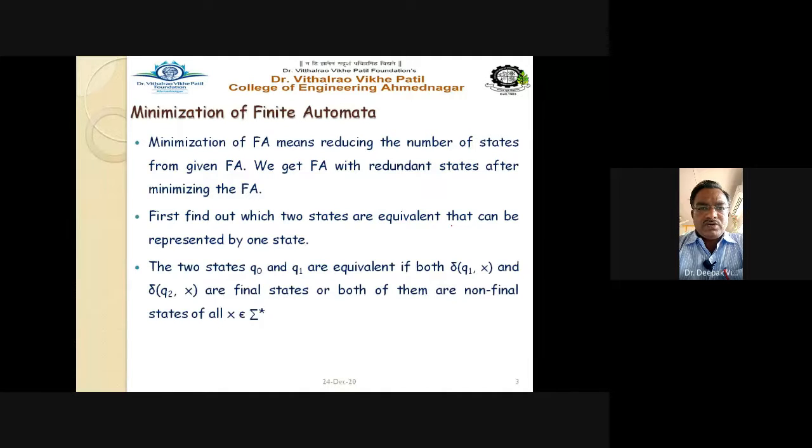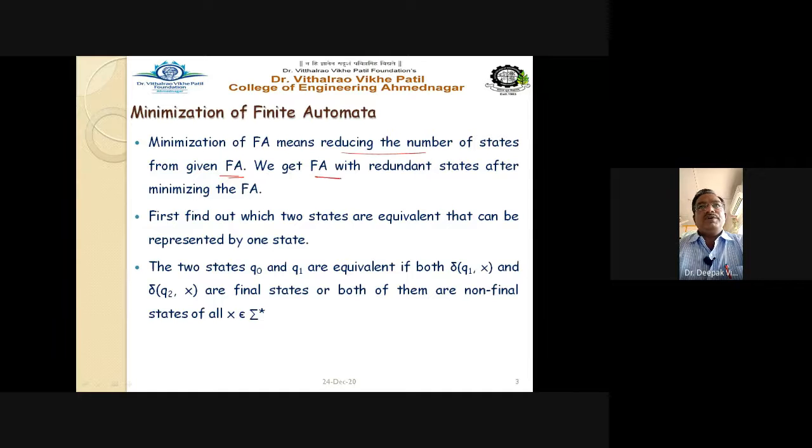Directly we cannot delete or remove the states, but there is a fixed number of steps, some methods for how we minimize the number of states in a given finite automata, so that it becomes easier to understand. So minimization of finite automata means reducing the number of states from the given finite automata.